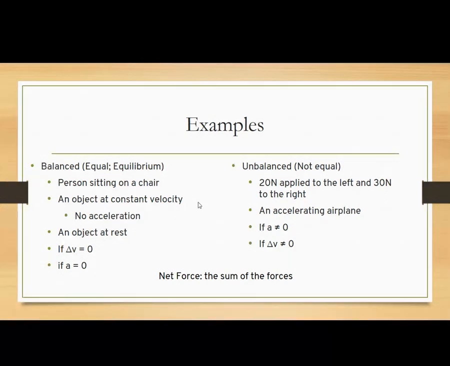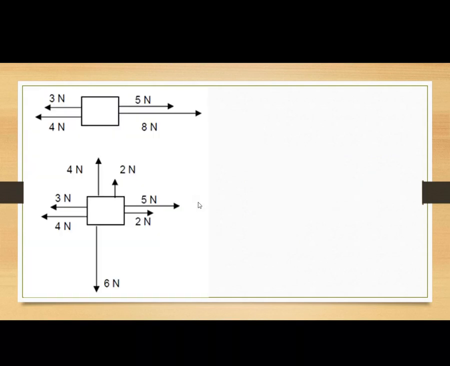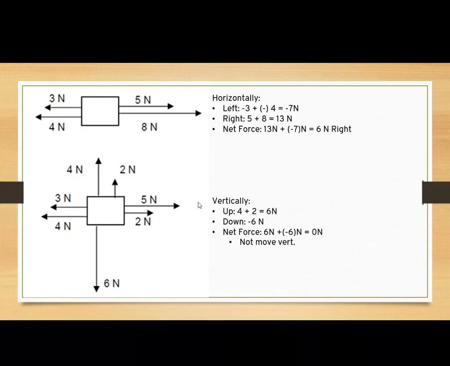Okay, and the net force is the sum of the forces we are adding. You're going to come across pictures of free body diagrams that have multiple arrows going in the same direction. Horizontally, you see at the top one, we have 2 arrows going to the left, 4 and 3. Since they're on the same side, we can add them together to get the overall left force. -3 plus -4 equals -7.